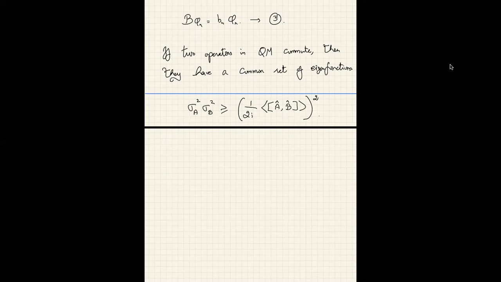First, to understand this, we have to understand what sigma means, and once we understand that, we have to understand what this statement means. This is sometimes called the generalized uncertainty principle.